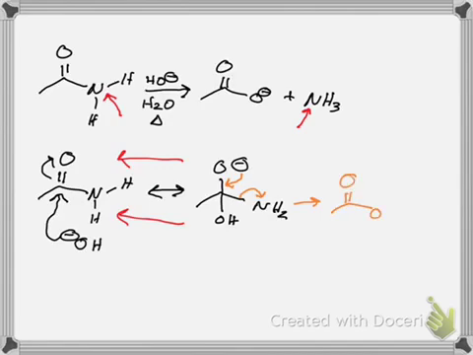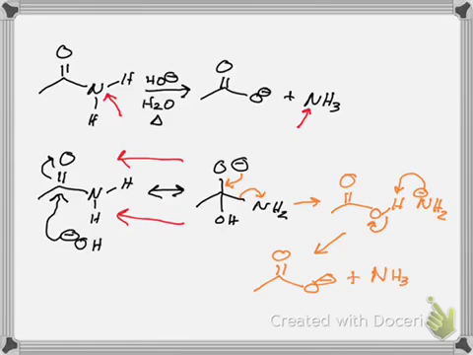A carboxylic acid and the NH2 amide ion, which is really a hot anion. So it rips the proton off the acid, and what you wind up with is the carboxylate salt and ammonia.